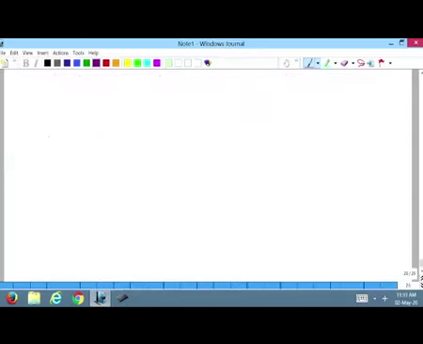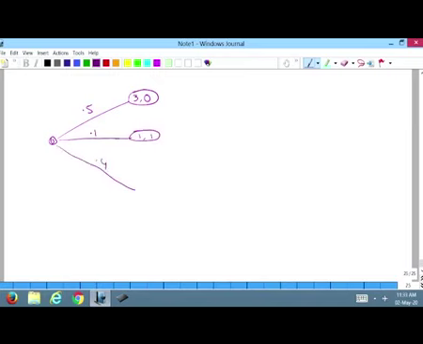So, again we start by using a tree. So, 0.5 is the probability that Mohunbagan gets 3 and East Bengal gets 0. 0.1 is the probability that both of them get 1, and 0.4 is the probability that Mohunbagan gets 0 and East Bengal gets 3.